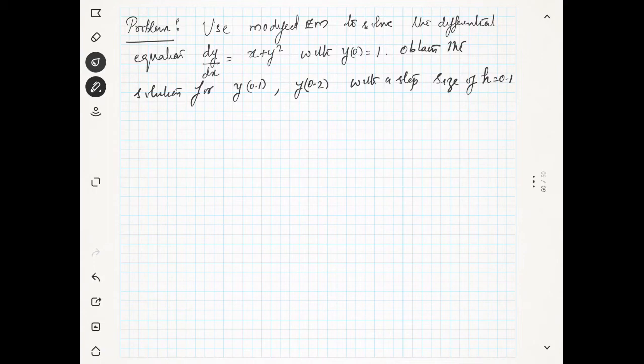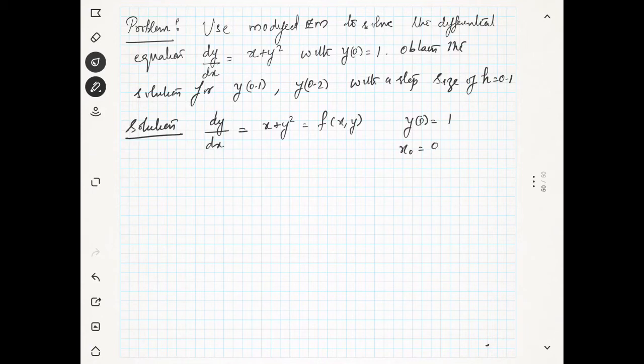So the differential equation is given, so we are going to solve this. You know that dy by dx is equal to x plus y square. This is nothing but your f of x comma y, and it is given that y of 0 equal to 1, that means x0 equal to 0 and y0 equal to 1.